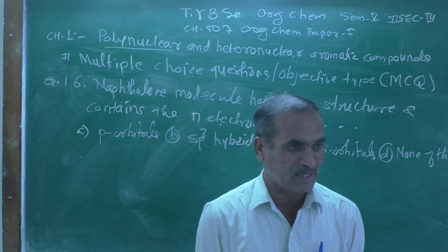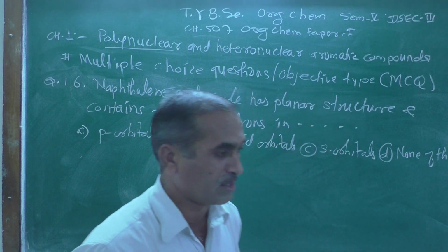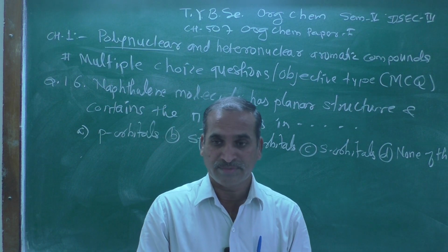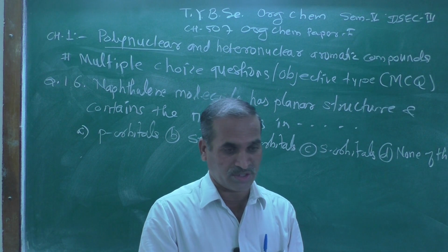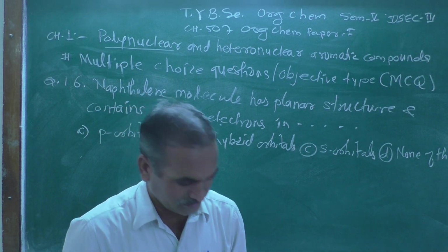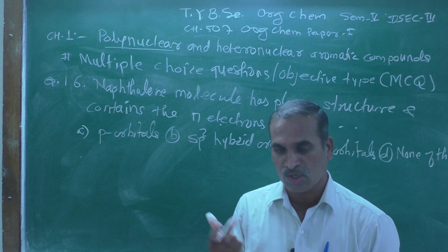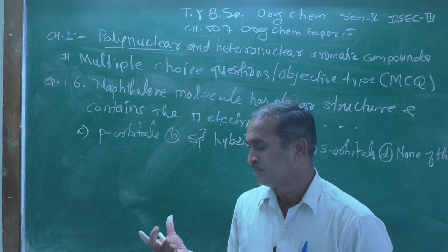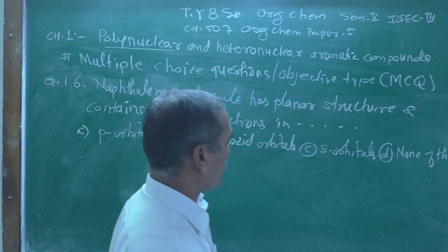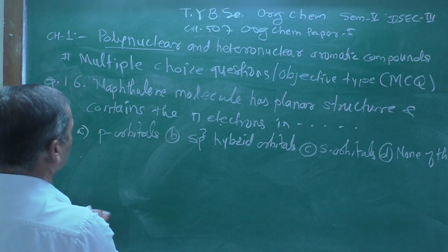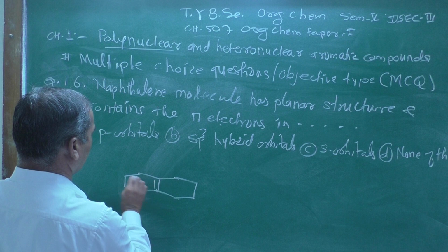On the basis of hybridization, different orbitals combine to form new orbitals which are equal in energy and have a fixed direction of overlap, a fixed geometry, because the physical and chemical properties of all organic molecules depend upon their molecular geometry.